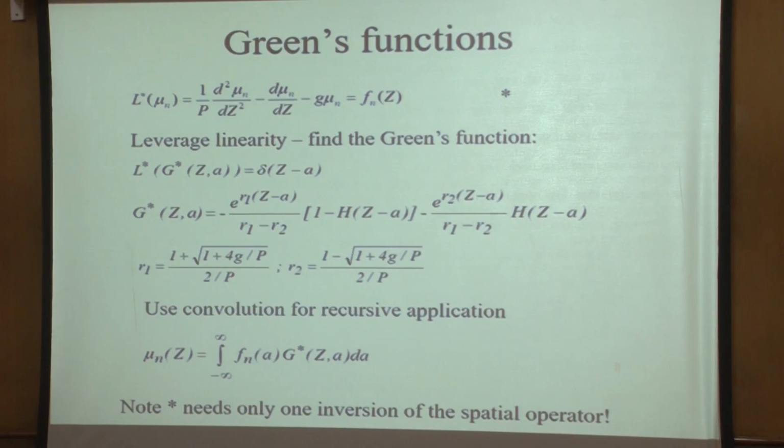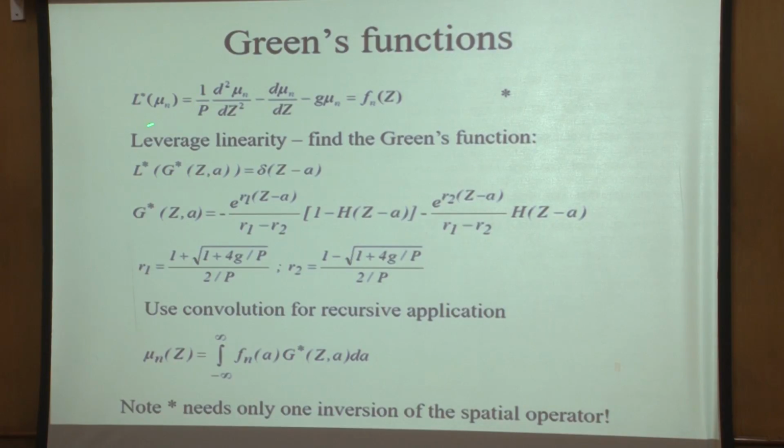What it says is, this is the same equation that we have. Let's solve this where the right hand side is given by this delta function. Okay. Delta of z minus a, so it's centered at z equals a. And if we solve this in terms of the unknown g star, then this g star is the Green's function.